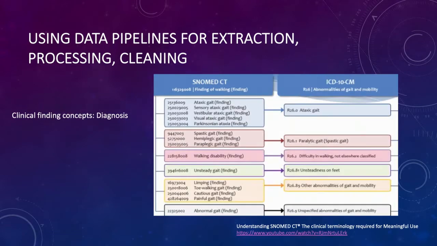ICD-10 is a better representation of what's going on, but it's still this one-to-many relationship. So SNOMED is sort of like the criterion standard that is complex and hierarchical, but gives the best ability to represent what's actually happening out of the electronic health record.